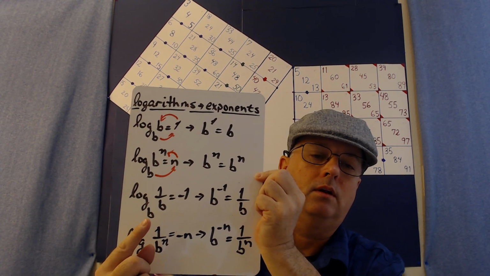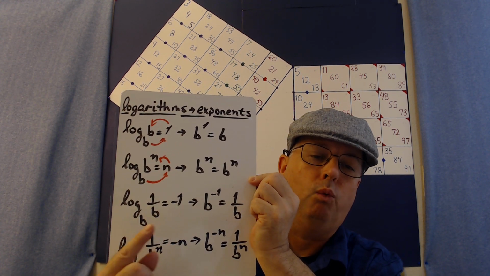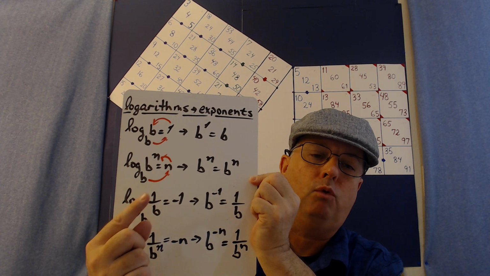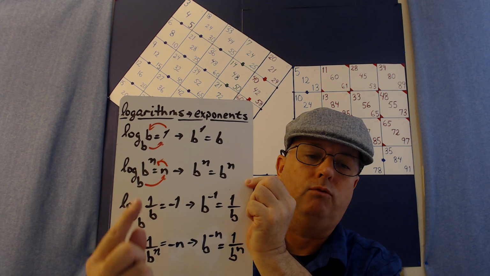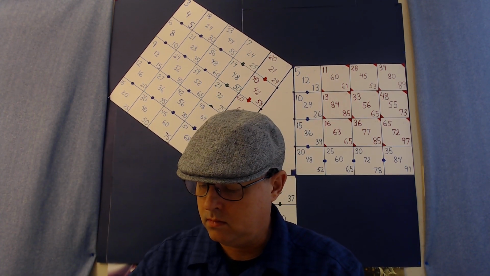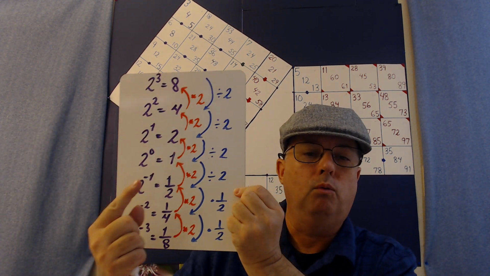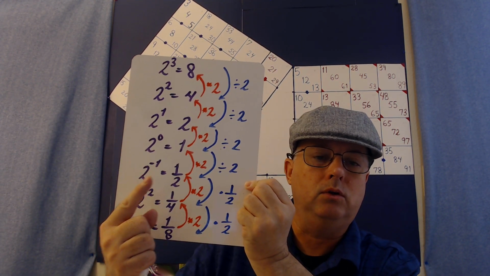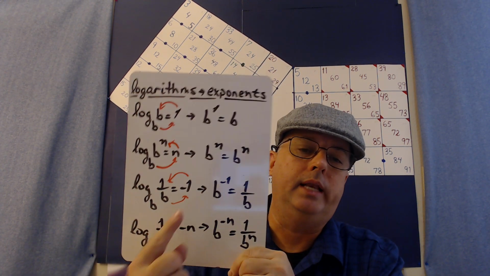And here, log base b of 1 over b. Well, that's -1. What's the power that makes b become 1 over b? The -1 power. So b to the -1 is 1 over b, just like it says here. If you want a -1 power, what does a -1 power do? It makes 2 become a fraction, 1/2. And so that's what a negative exponent does.